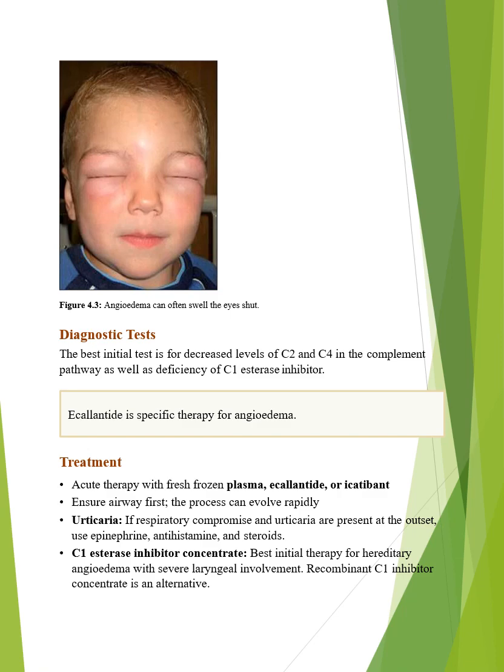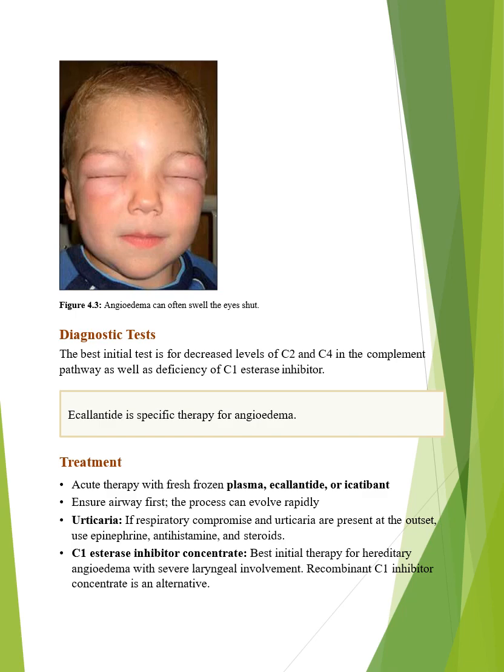The diagnostic test, the best initial test is to look at the decreased levels of C2 and C4 in the complement pathway, as well as deficiency of C1 esterase inhibitor.